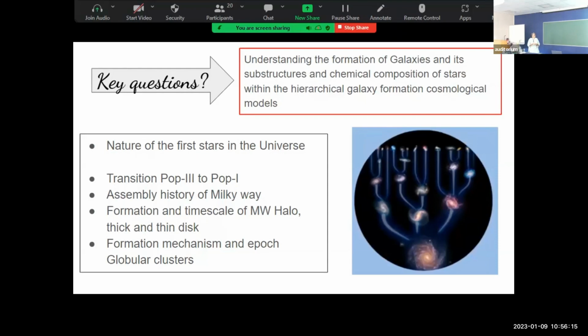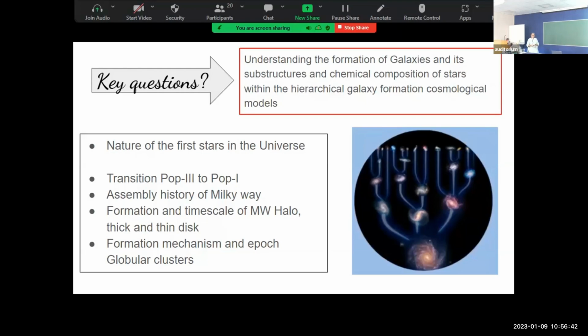And some of the key questions within stellar archaeology: the nature of the first stars in the universe and how the transition happened. Theoretically we think the first stars are very massive, and now, if you look at the stellar IMF, the solar mass is one of the peak masses, and the low mass stars dominate the number.